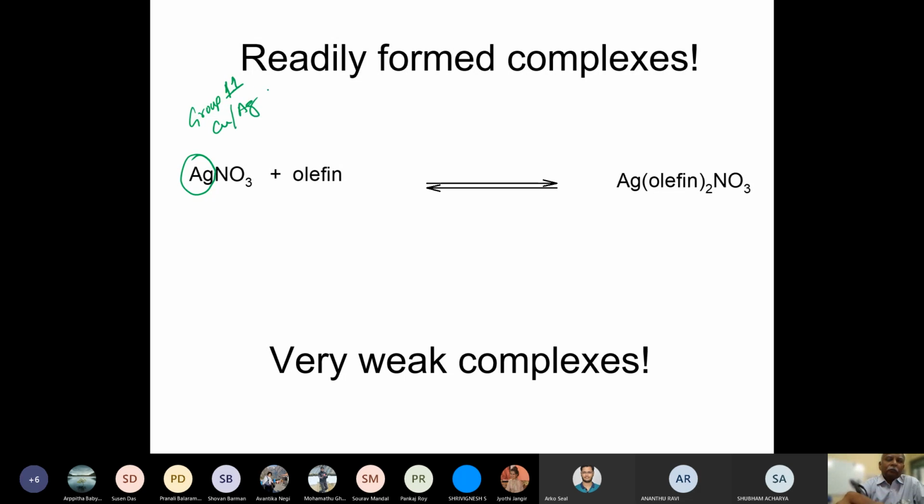Copper, silver, gold. Group 11 metal atoms, metal ions in this case, they are positively univalent, Ag plus, it can be Cu plus also. This can interact with an olefin and form an olefin complex.